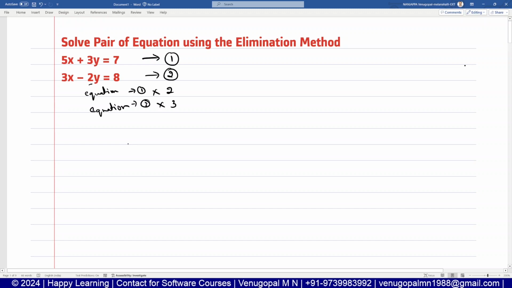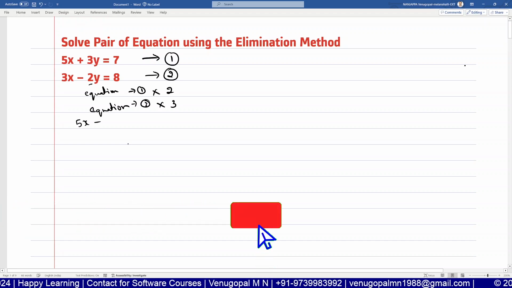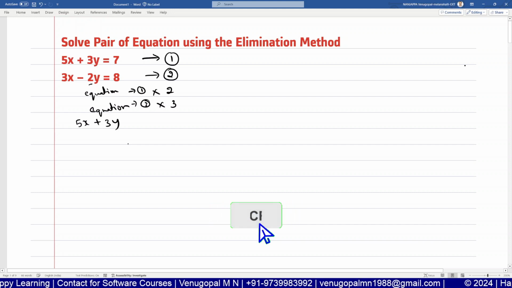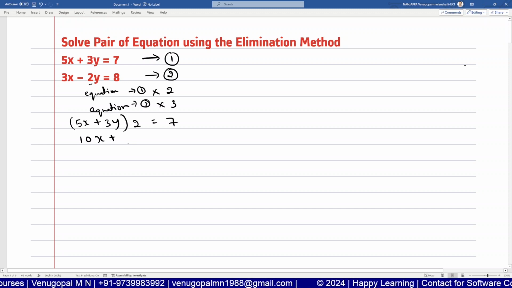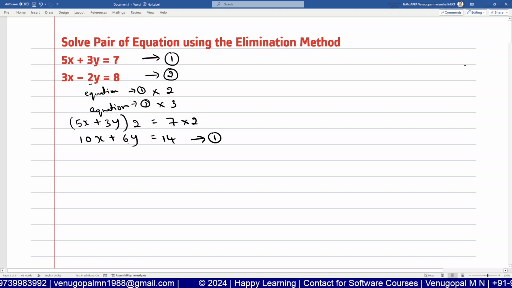So 5x plus 3y, if you multiply this by 2, is equal to 7 times 2, correct? So 10x plus 6y is equal to 14. This is our new equation.